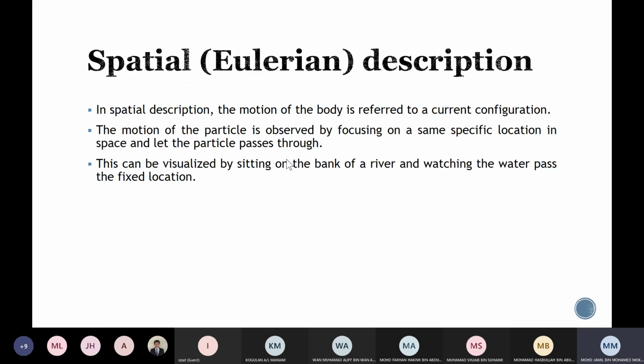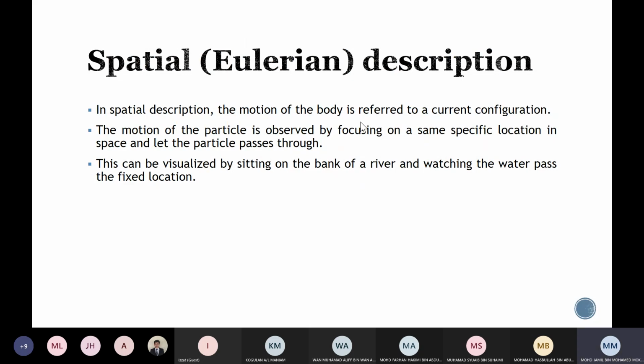And then another description is the spatial or Eulerian description. In the spatial description, the motion of the body is referred to the current configuration. So we do not refer the deformation to the original configuration, but to the current configuration.